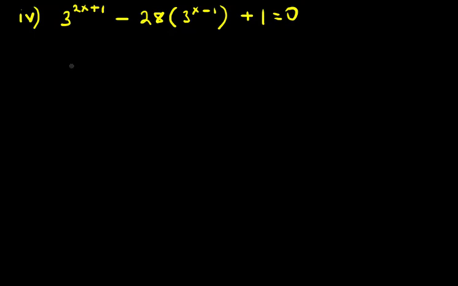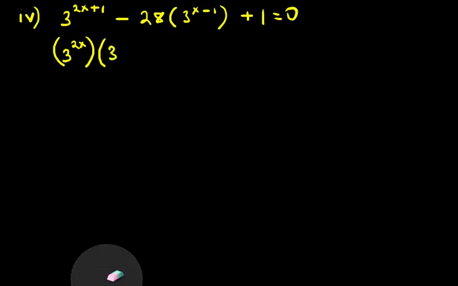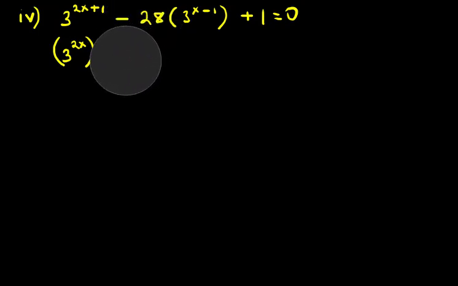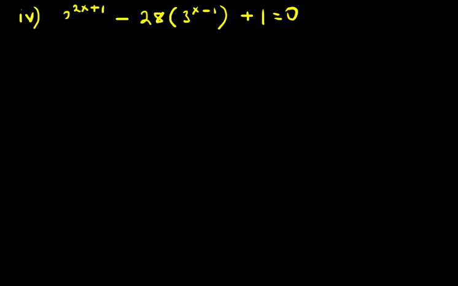Firstly, according to laws of indices, for these numbers to add up, this is the same as 3 raised to the power 2x multiplied by 3. Let me use the multiplication symbol so that we are able to see properly. So 3 raised to the power 2x times 3 power 1 is the same as that.